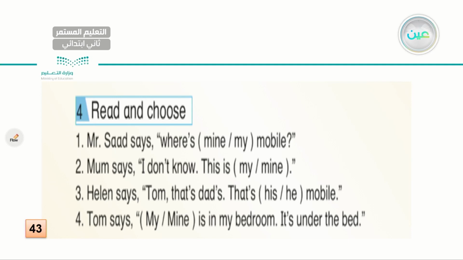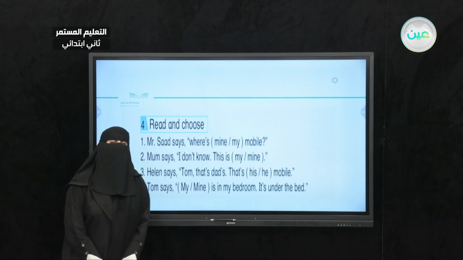This is mine. Number 3, Helen says, Tom, that's Dad's. That's his mobile. Number 4, Tom says, mine is in my bedroom. It is under the bed. Now, I'll be giving you approximately 20 seconds. Try to figure out the answers for the 4 exercises, and then I'll be revealing the correct answers.